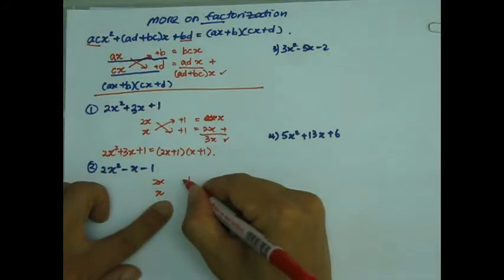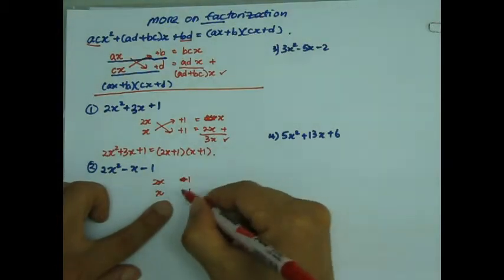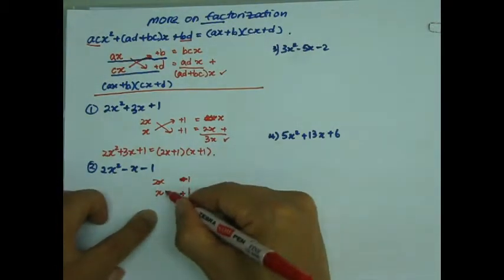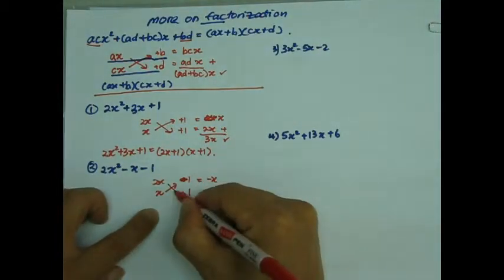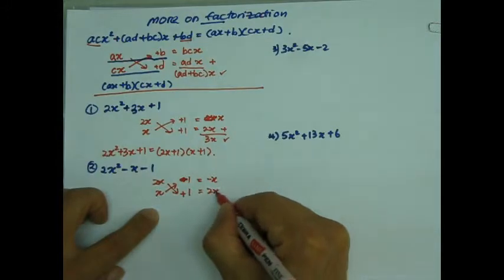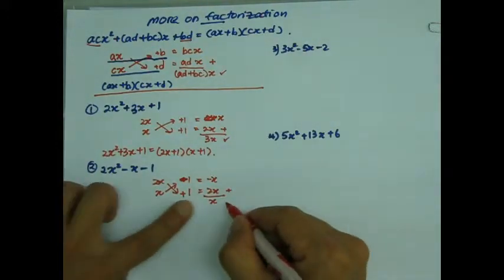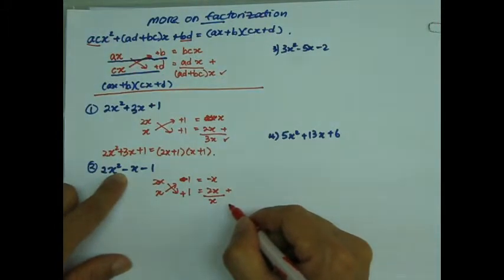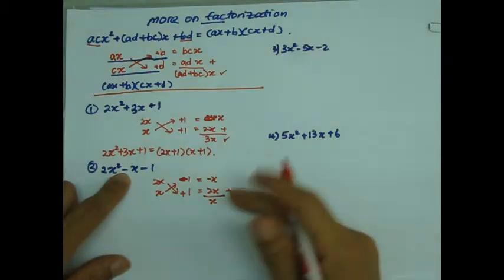I can try putting a plus sign here and a minus sign there. This gives me minus x. This one gives me 2x. When you add them together, unfortunately you get x. This doesn't match the coefficient here. Here the coefficient is 1, but we need coefficient minus 1, doesn't match.